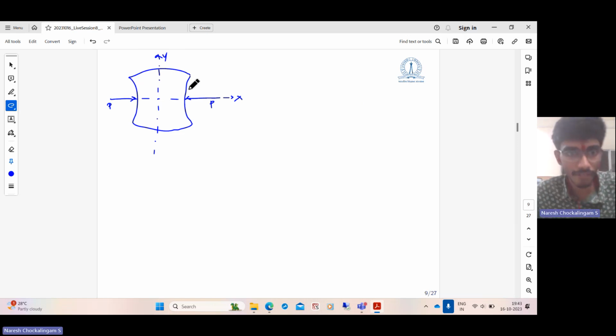What does this mean? If you take a point here at a distance x, and you take another point at a distance minus x, it's symmetric.